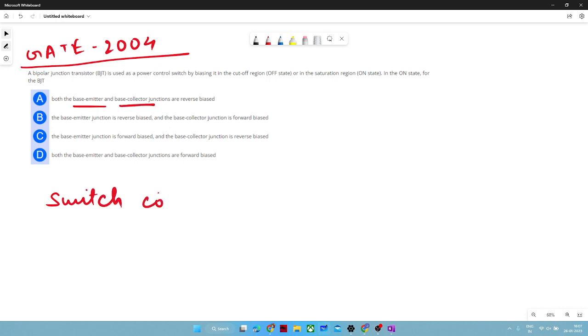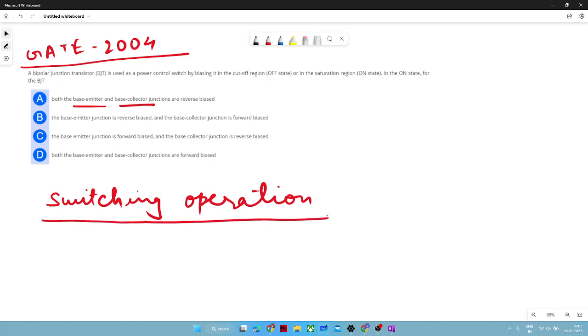So for switching operation, I'm writing it here. We know that any transistor has two PN junctions, right? So both the junctions must be forward biased. So for example, I am drawing an NPN transistor here, NPN.